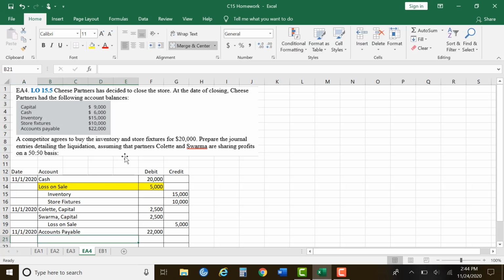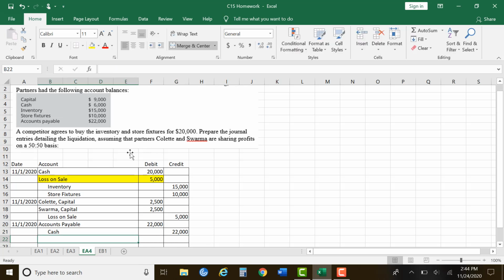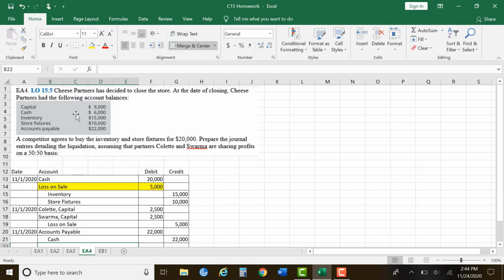It's going to come out of cash. So we're wiping out everything.